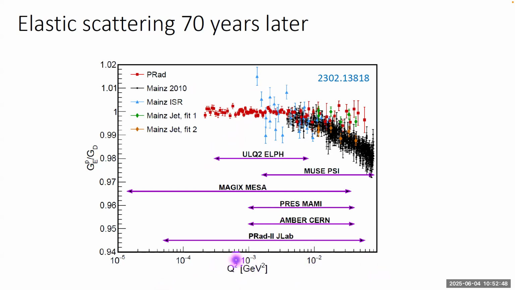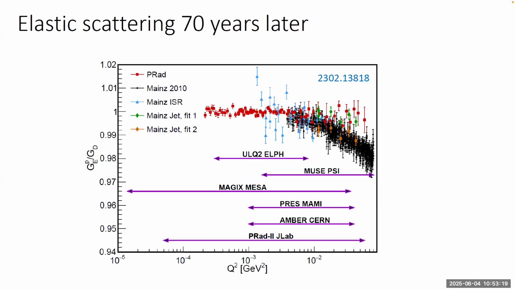This is q squared, which is t, the momentum transfer. These numbers like 10 to the minus 3 and 10 to the minus 4 are really small. In order to get the radius, you have to take the derivative at the origin, at q squared equals 0. So you need to approach that small q squared, small t region. And the race is on, and all these collaborations are competing to get to the q squared equals 0 region.